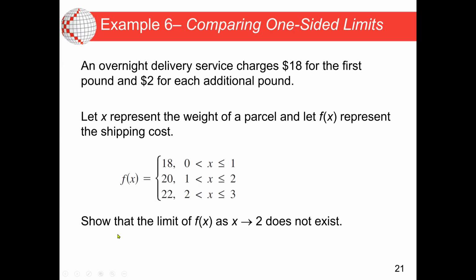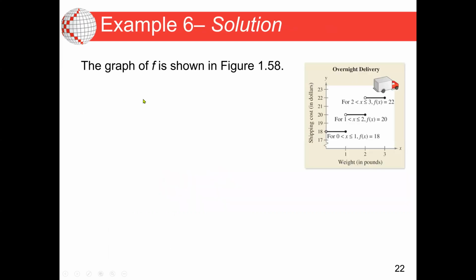So this means that we need to show that the limit of f(x) as x approaches 2 does not exist. The graph of f is shown in figure 1.58, and we can see the differences.